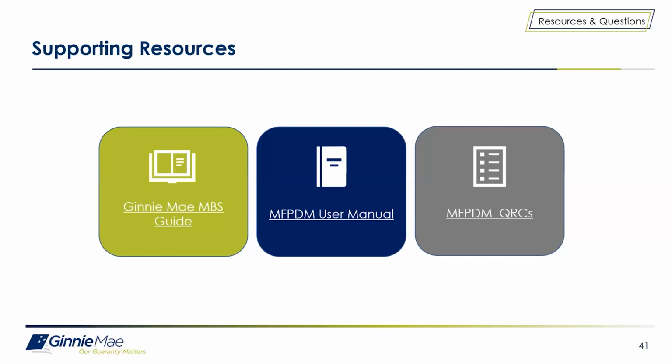And of course, we have the MFPDM user manual. The user manual is the application user manual, just to get familiar with it. What happens here? How do you navigate from one screen to the next screen? How do you do your data entry? Most users in the MFPDM space actually do data entry because you want to enter mostly one loan.